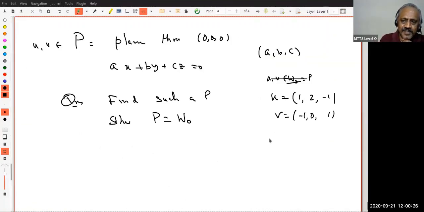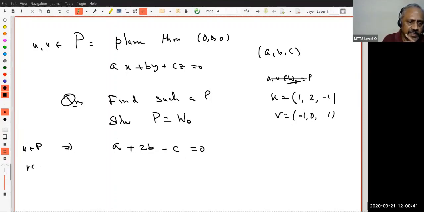Therefore, u lies in P if and only if I substitute in place of x, y, z, 1, 2, minus 1. That means A plus 2B minus C must be 0. And v lies in P, what does it imply? This is minus A, there is no B, and plus C equal to 0.